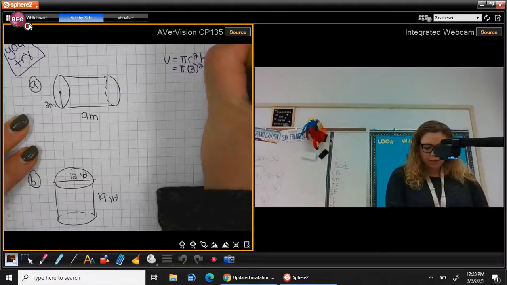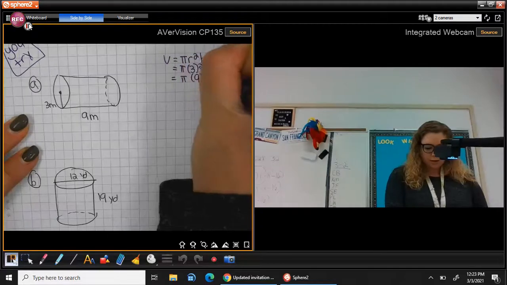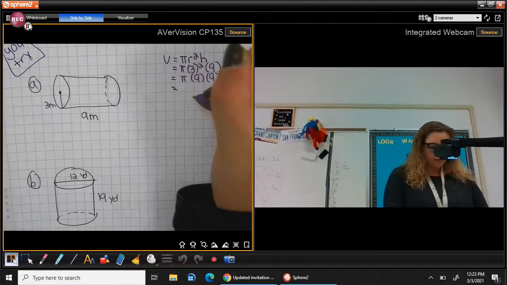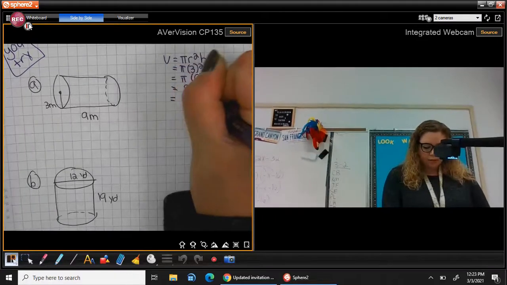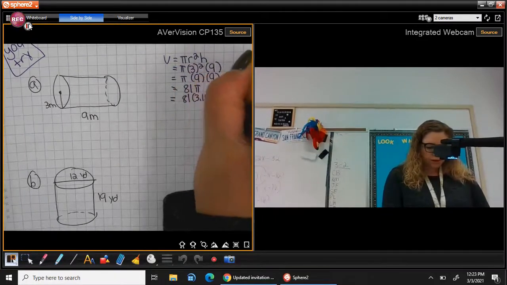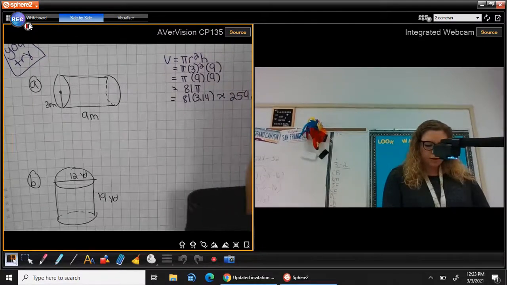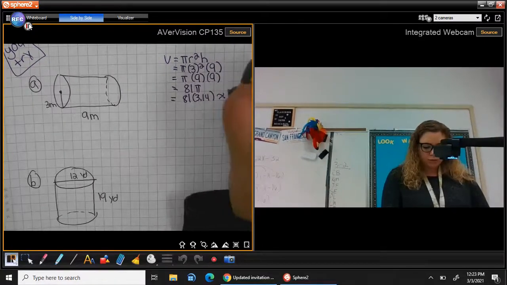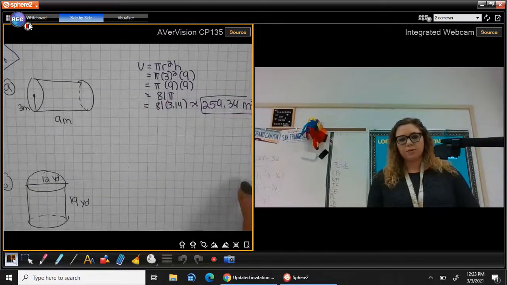My height is 9. So I have 9 times 9. 9 times 9 is 81 pi. Okay, 81 times 3.14 is going to give me 254.34 meters cubed. Okay, and that's going to be my answer.